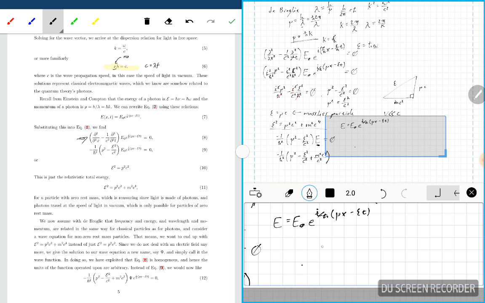So I have E equals E naught, just some constant, times this plane wave.